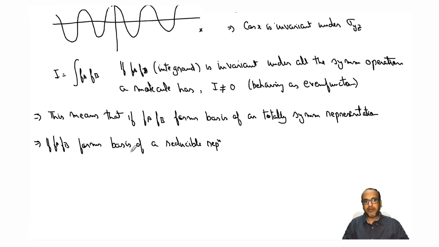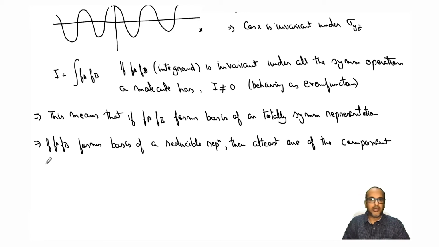So let's say if it forms the basis of a reducible representation, then at least one of the component irreducible representations must be a totally symmetric representation.